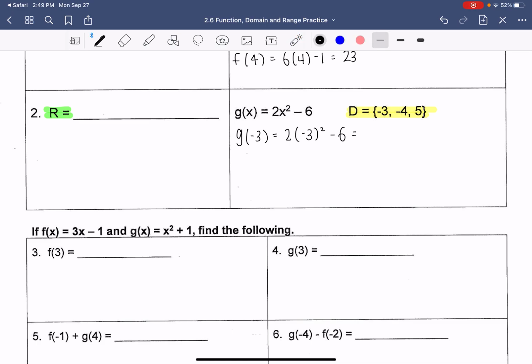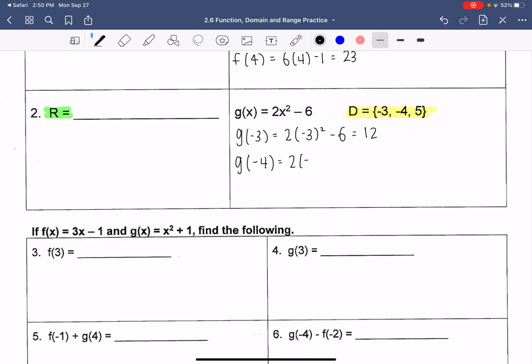So negative 3 squared will give us a 9. 9 times 2 is 18. And then 18 minus 6 will get us 12. But again, your calculator does it all as long as you use the parentheses and put the square on the outside of the parentheses.